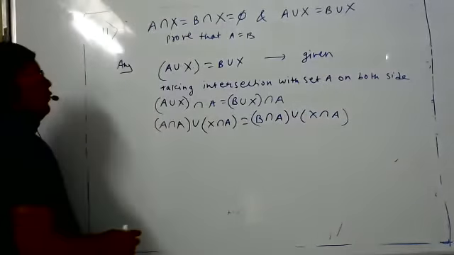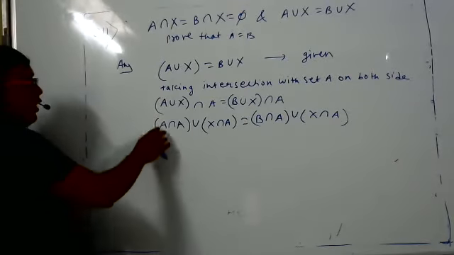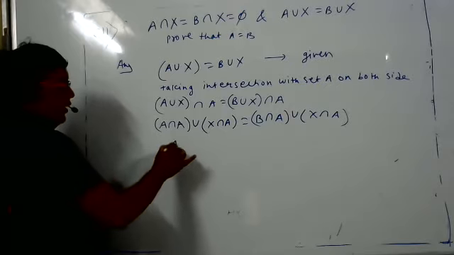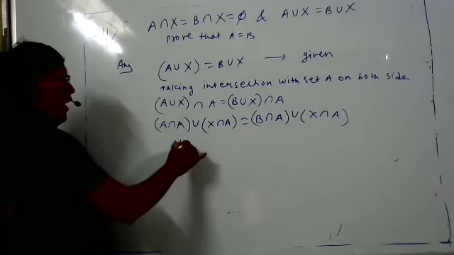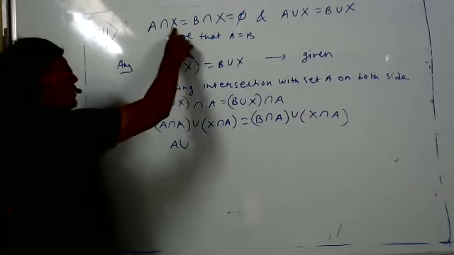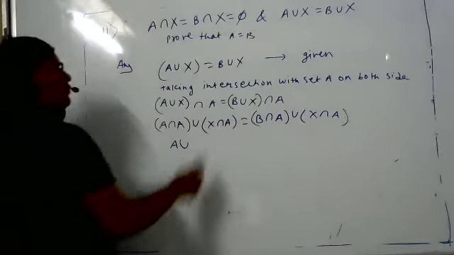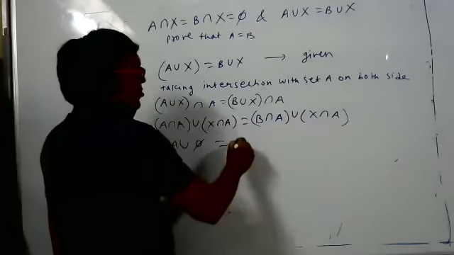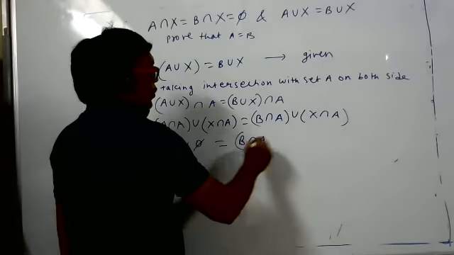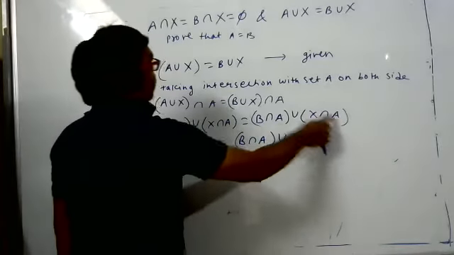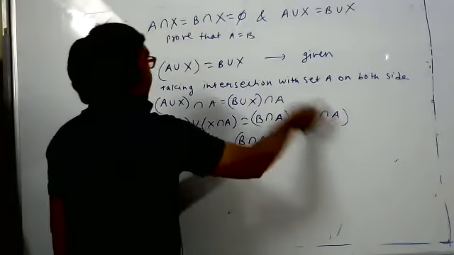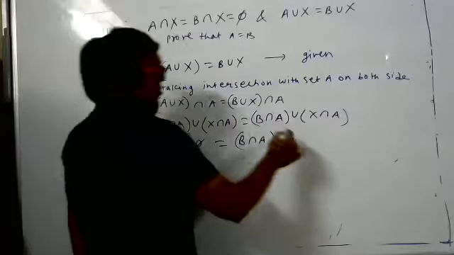If you do A intersection A, what is common in A and A? The answer is A. Then A intersection X, what is the answer? Null set. So I write the null set. B intersection A union X intersection A: the answer is the null set. A intersection X and X intersection A are the same, the null set.